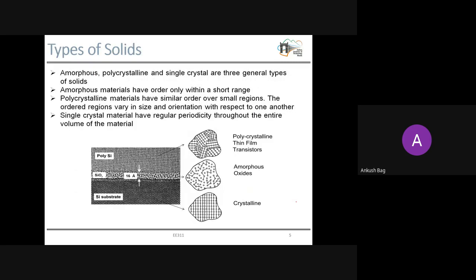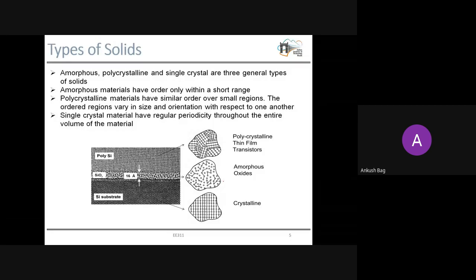Now we have seen that there are different categories of material depending on the conductivity. Now, solids also have different types depending on the crystallinity. I believe all the semiconductor devices are solid state devices.